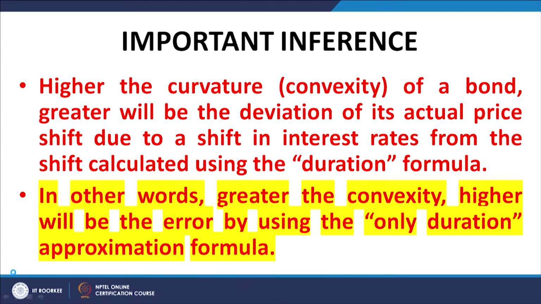Actually, it is a curve. Therefore, the greater the curvature, the greater would be the deviation, the greater would be the inaccuracy of the approximation that we arrive at by using the duration alone, by ignoring the convexity, by ignoring the second order derivatives in the Taylor expansion.